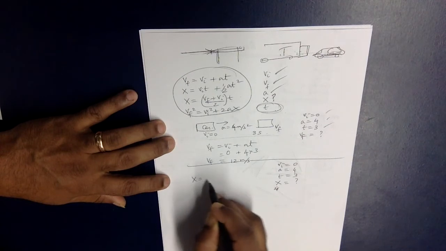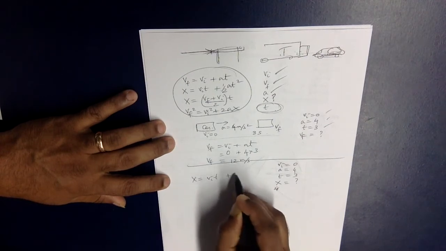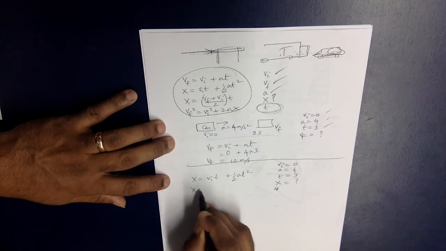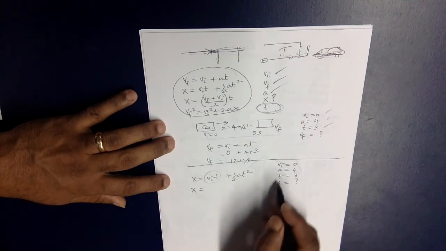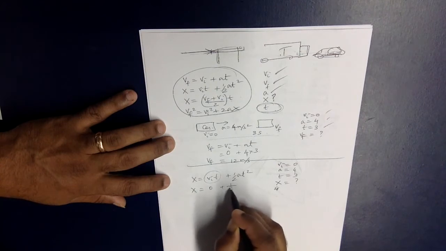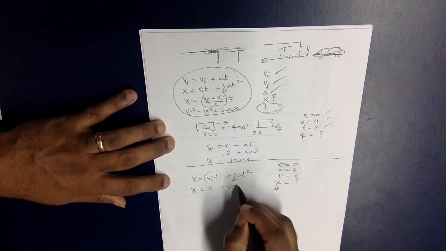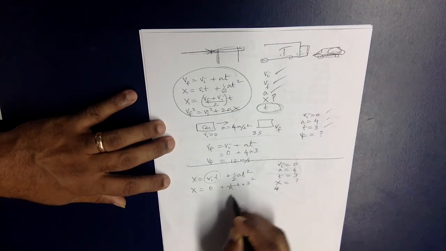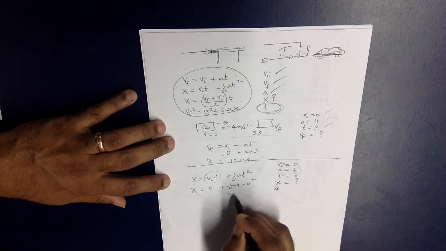So you write down the equation: x is equal to Vit plus half at squared. So you want x. Vit is 0 because Vi is 0, plus half a t squared, 3 squared. So this becomes half of 4, which is 2, times 3 squared, which is 9.